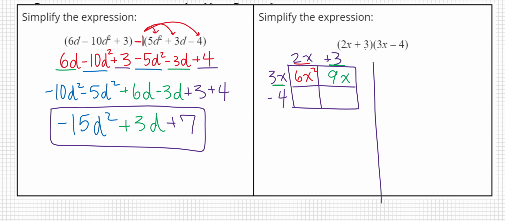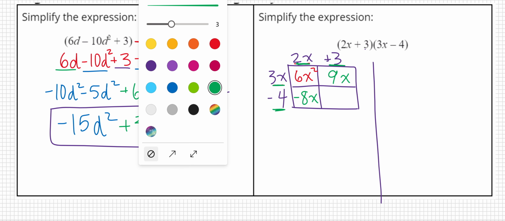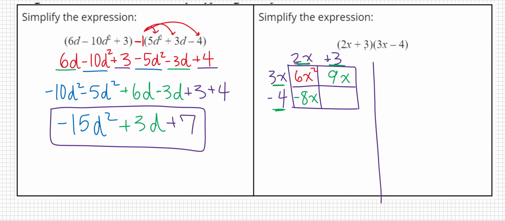Then for the bottom left, negative 4 times 2x is negative 8x. Last, for the bottom right square, negative 4 times positive 3: 4 times 3 is 12, and a negative times a positive makes it negative.